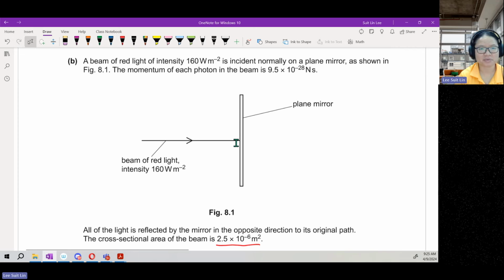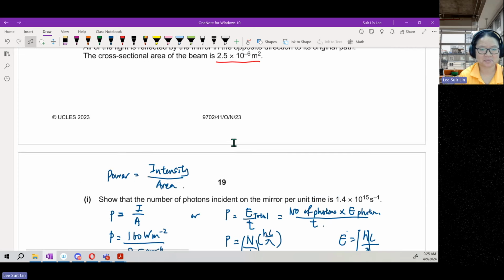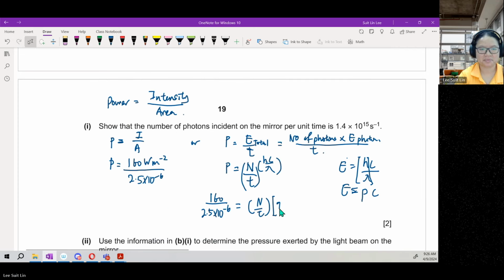So 9.5 times 10 to the power negative 28, times 3.0 times 10 to the power 8. h over lambda is P. That's how you get the equation E, energy is equal to PC.